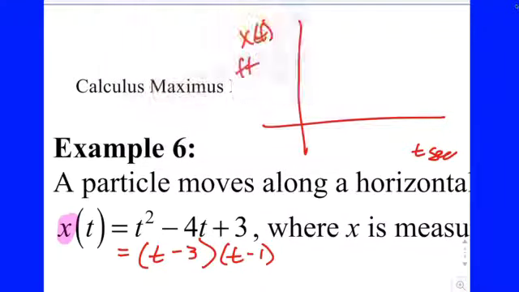It has an x-intercept at 1 and then at 3, and the y-intercept was also 3. So it looks something like this. And now, because it's a parabola, you can figure out the x-coordinate of the vertex because it's always going to be the midpoint of your x-intercepts.